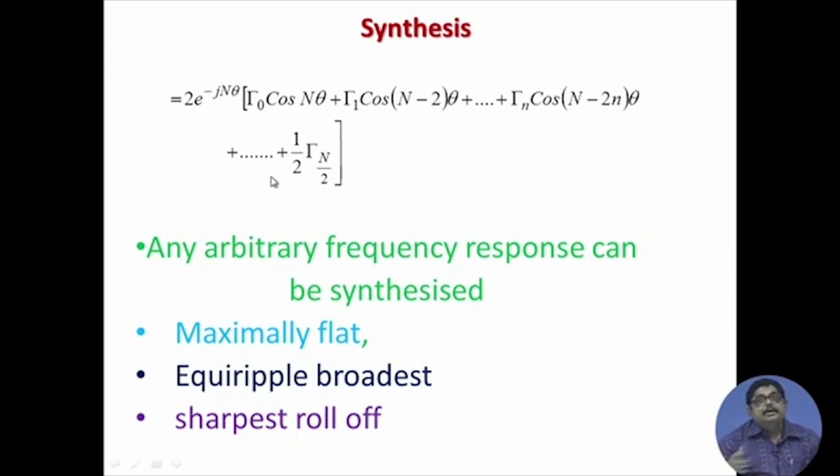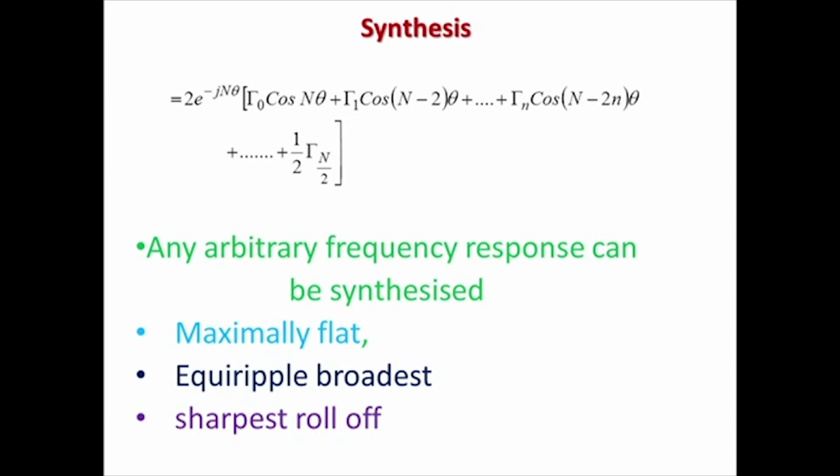That means the overall reflection coefficient we can express in terms of the reflection coefficients of multiple sections, and that is expressed as a Fourier series. We know that any arbitrary function can be represented as a sum of a Fourier series.